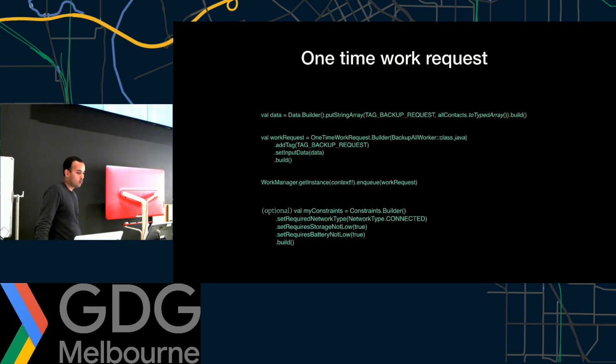So what does it look like in code? Well, you can have a one-time work request which gets fired off once, obviously. You can pass serializable data. In this particular case, this is from one of my apps, which we'll demo in a second. It's taking a string array and passing it to the worker, and we'll go to that code in a sec too.